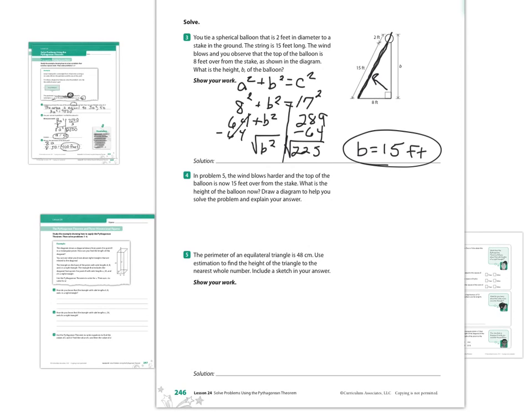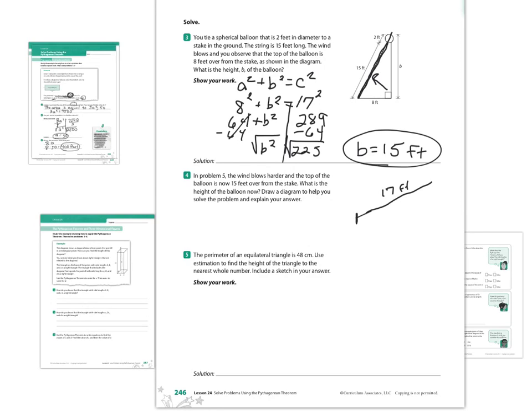Number 4, in problem 5, the wind blows harder and the top of the balloon is now 15 feet over from the stake. What is the height of the balloon now? Draw a diagram to help you solve this problem. Well, once again, we know the total length of the balloon string and the balloon is 17 feet.